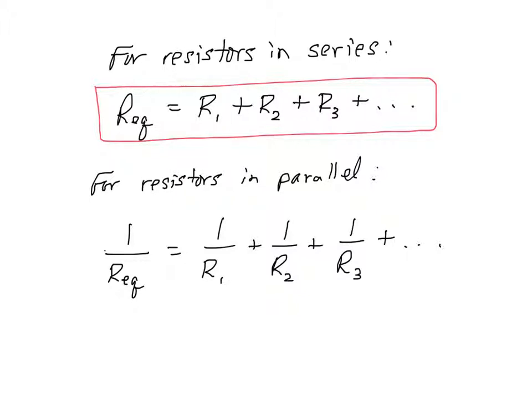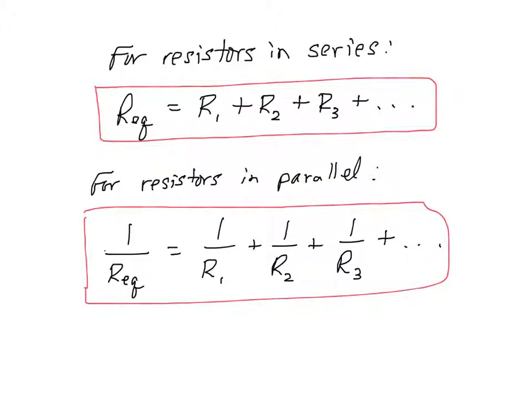Resistors that are in parallel, where the current has a choice of which branch to go through, the inverse of the equivalent resistance is equal to the inverse of each individual resistance added together.